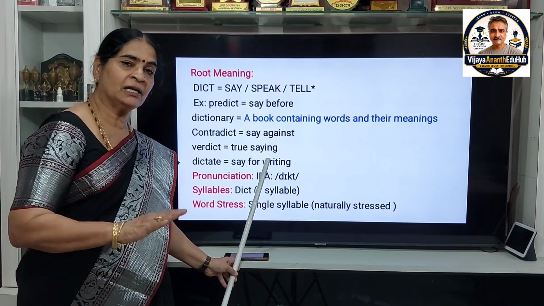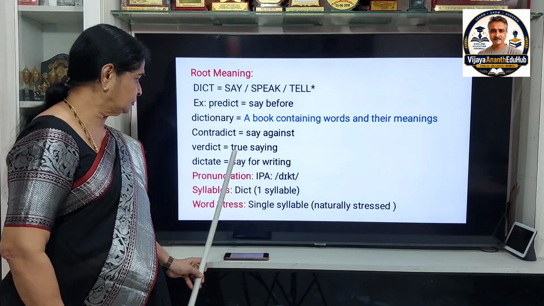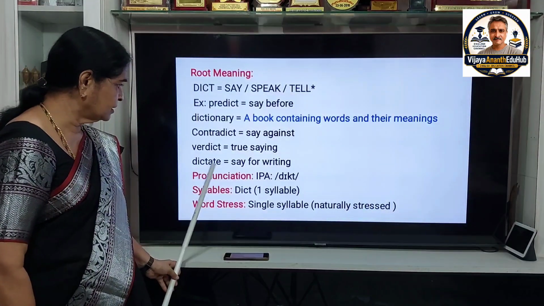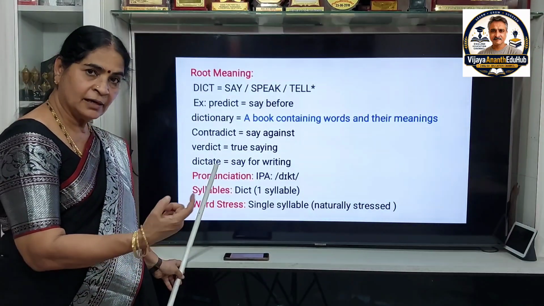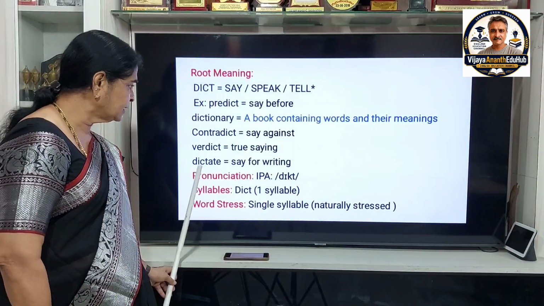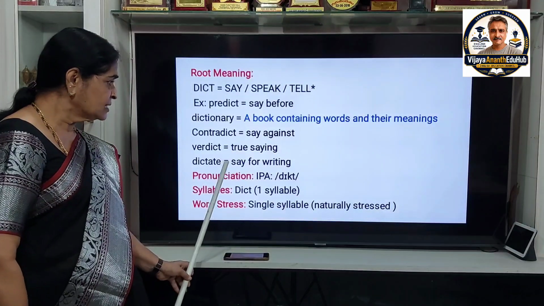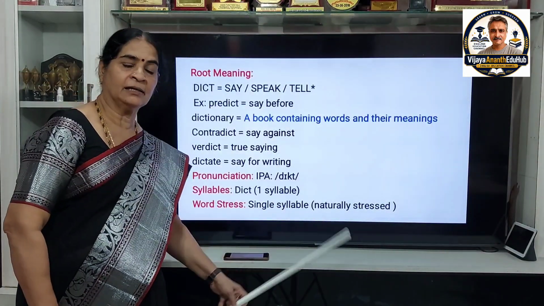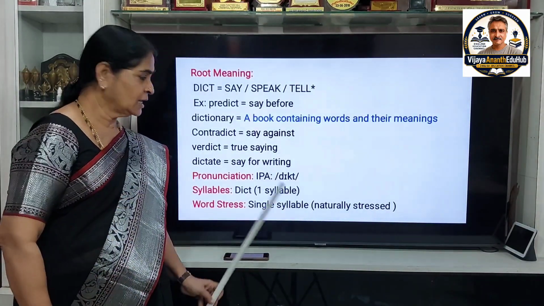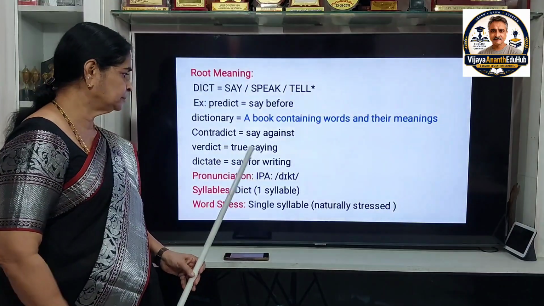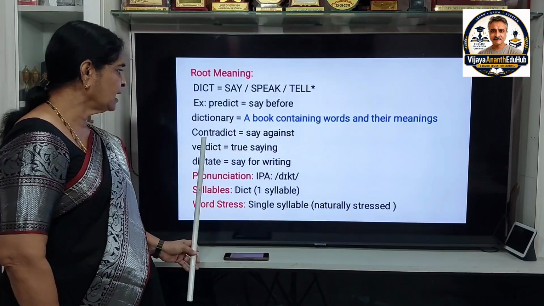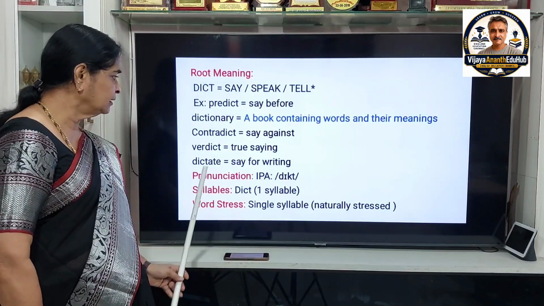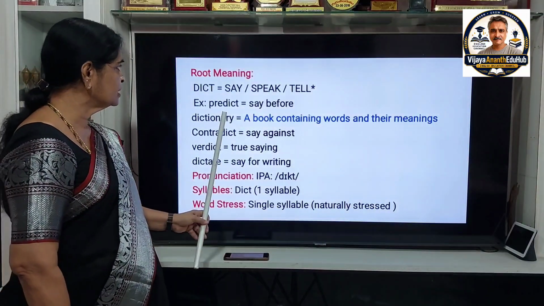It is very, very true saying. Dictate. Here also we find dict and AT, three letters are added. Dictate means say for writing, dictating to somebody. Say something for writing. So all these words, predict, dictionary, contradict, verdict, dictate, originated from dict.